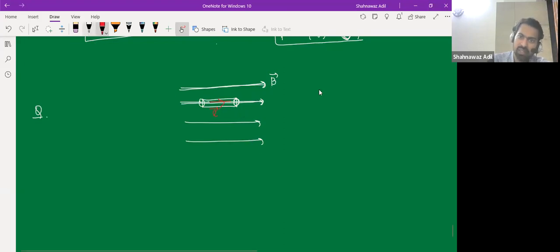So can you tell me what would be the magnitude of the force? I have not given you the value of magnetic field and length of the wire.